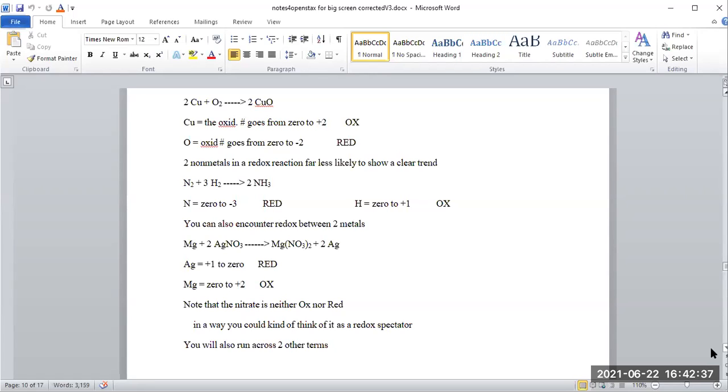You cannot have a reaction that has just reduction without any oxidation, because your electrons had to go somewhere. You have to have a minimum of one of each. One thing reduced and one thing oxidized. Sometimes you might have more than one of each, but bare minimum, you have to have one oxidized and one reduced.